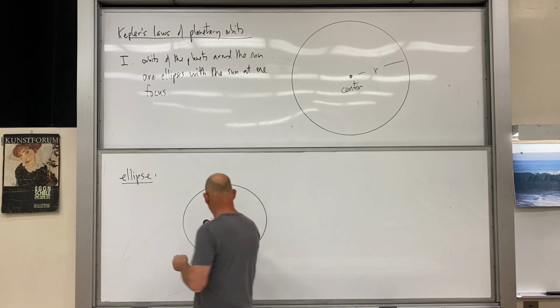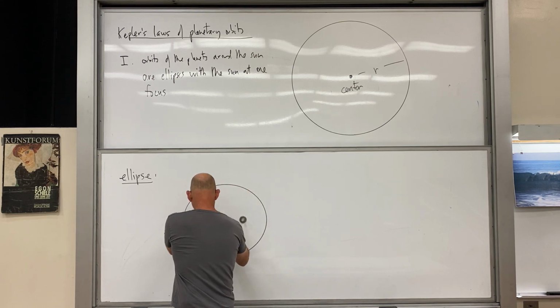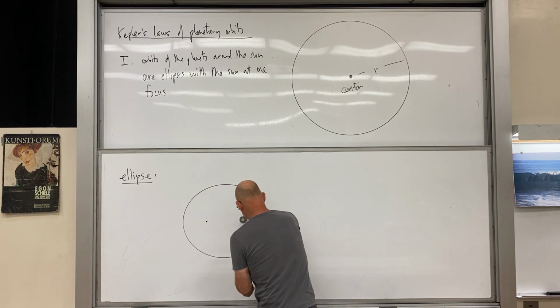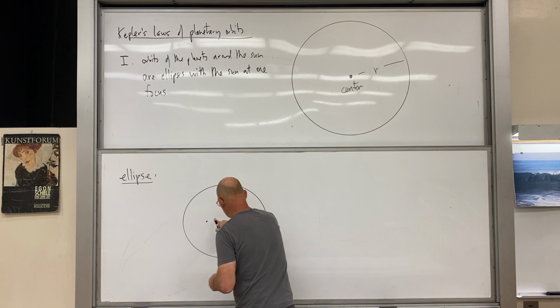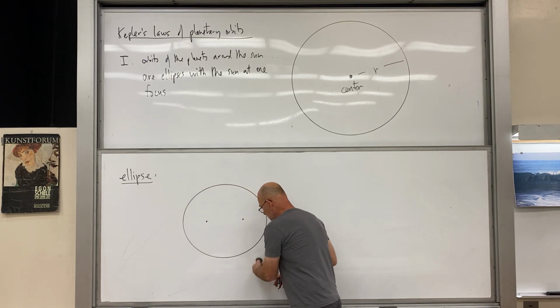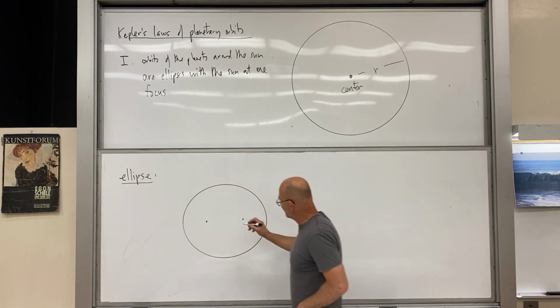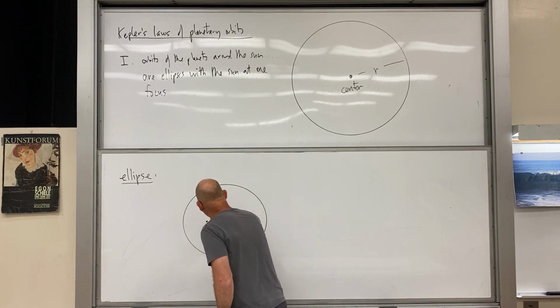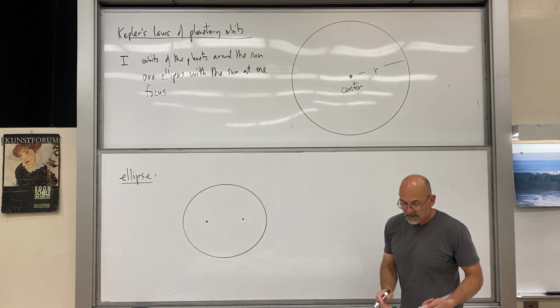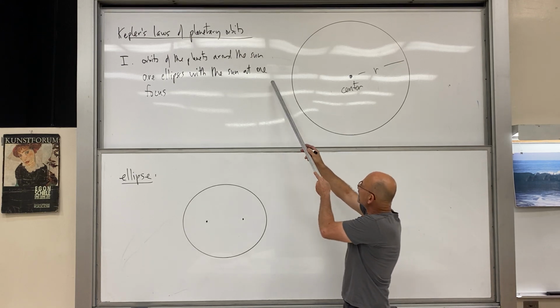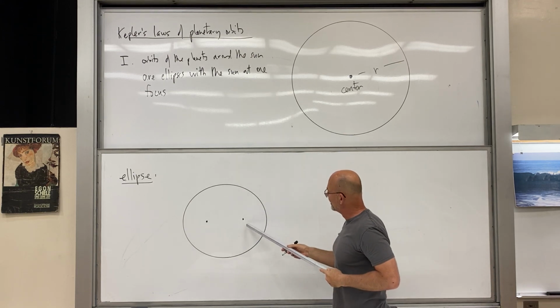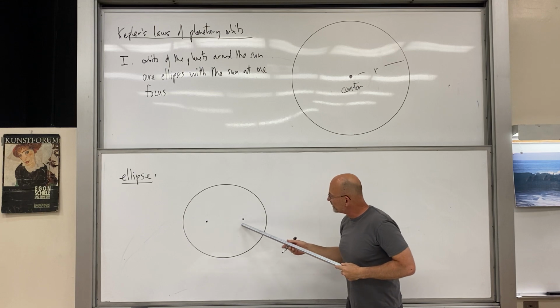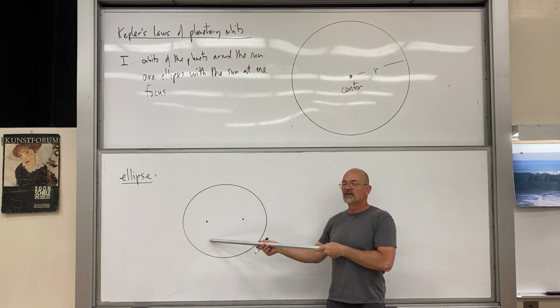So, good. Let's locate these foci here and here. Those are the 2 foci of the ellipse. And what did we say? The sun is at one of these foci, and this other one here is a mystery spot.